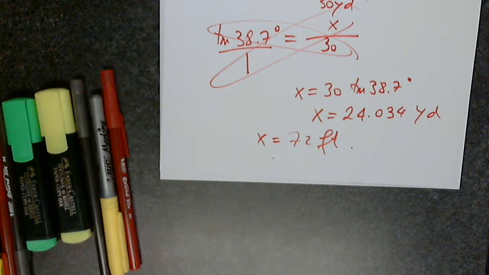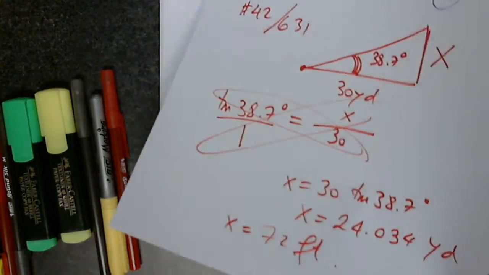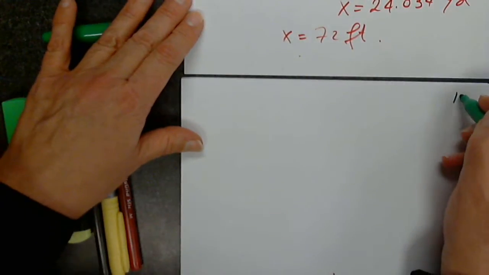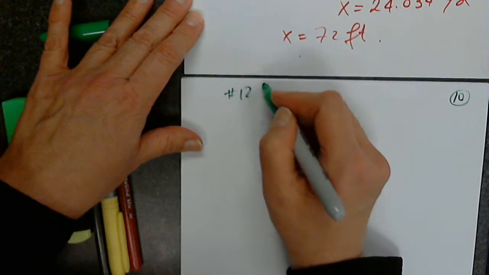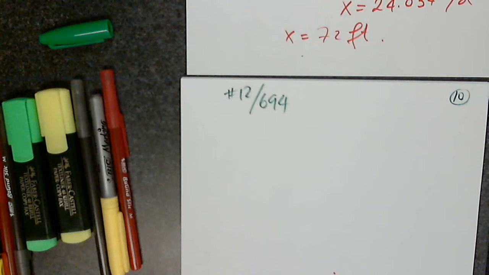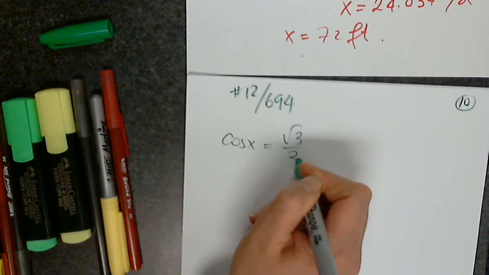A representative equation, problem 12, on page 694: cosine x equals the square root of 3 over 2.